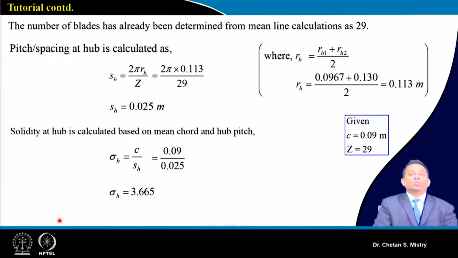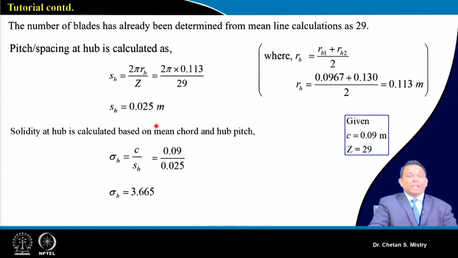Now in order to do the calculation for our diffusion factor at the hub station, we need some parameters. Since we have already assumed our diffusion factor at the mid station to be 0.32, and based on that we have done our calculation for number of blades. So for the same number of blades, we can calculate my pitch, and that pitch comes to 0.025 meter. And based on that pitch and chord, here we are assuming our chord to be constant.